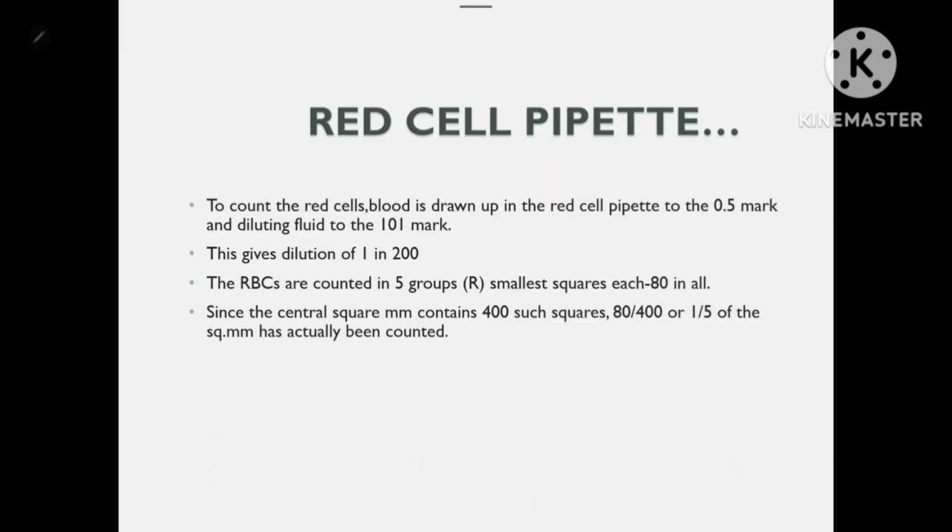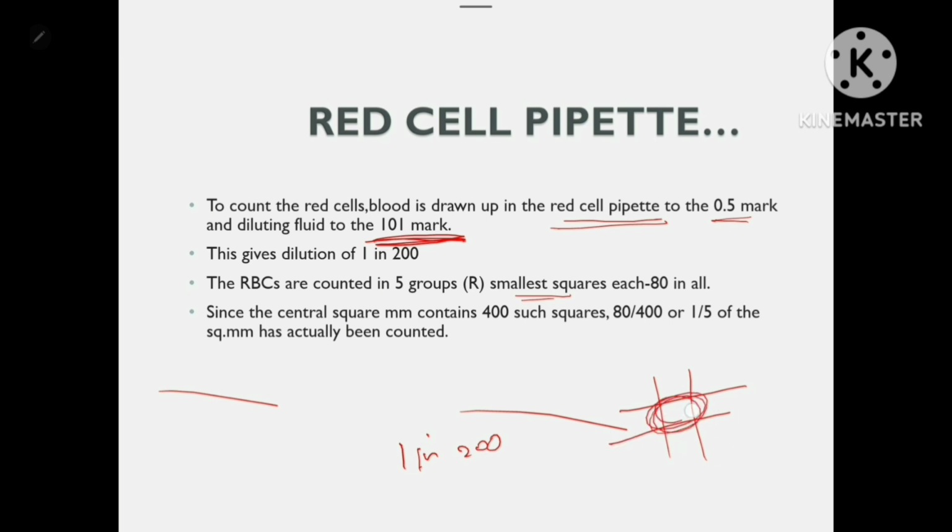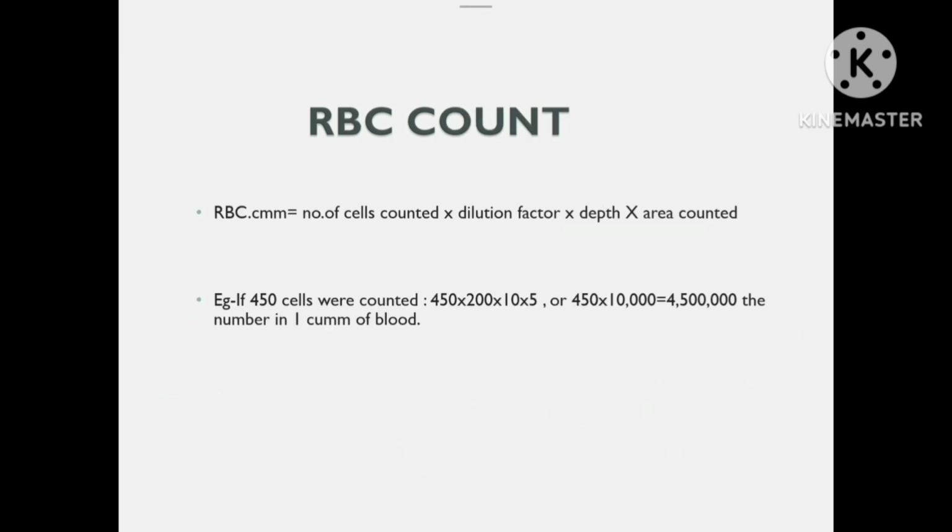To count the red cells, the blood is drawn into the red pipette up to the mark of 0.5, and the dilution fluid up to the mark of 101, so the dilution is 1 in 200. These are counted in the 5 groups of the smallest squares in the Neubauer's chamber. Usually the center is used for counting RBCs. It contains 400 such squares. That is how we count.